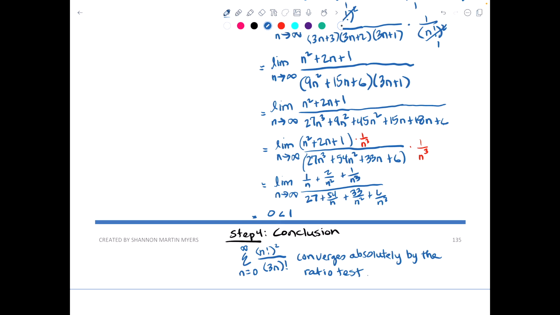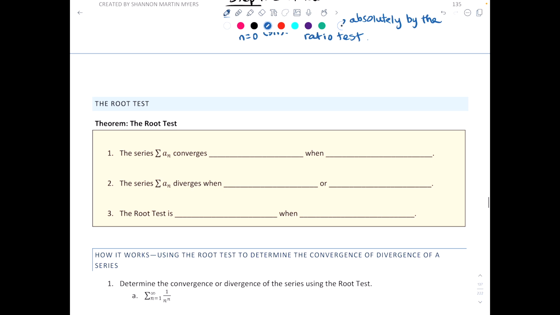All right, now we come to the root test. And so the series summation a sub n converges absolutely when the limit as n approaches infinity of the nth root of a sub n, the absolute value of that, is less than 1.